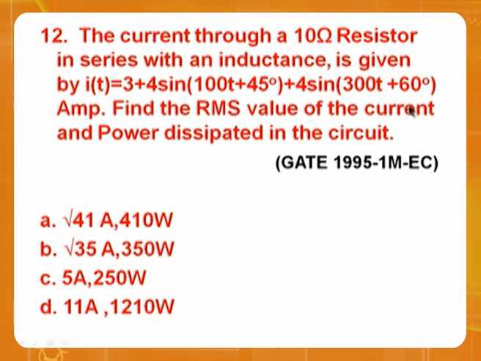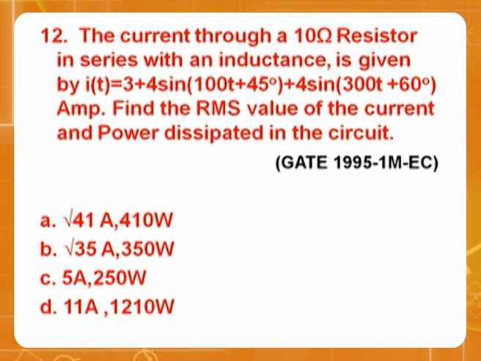Find the RMS value of the current and the power dissipated in the circuit. We have to calculate the RMS value of the current and the power dissipated in the circuit, right? This is given in GATE 95. And this is only given for 1 mark. You must understand how small it is. Problem is very big, but the solution is very small.